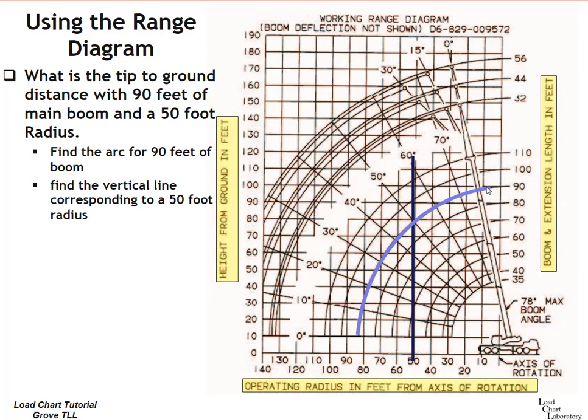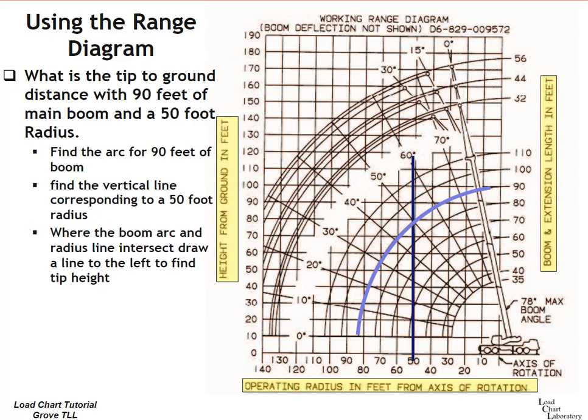Okay, so we've got the 90-foot boom arc and the 50-foot radius vertical line. Those two line segments intersect. At that point where they intersect, draw an imaginary straight line over to the left. On the illustration here, it's not imaginary.